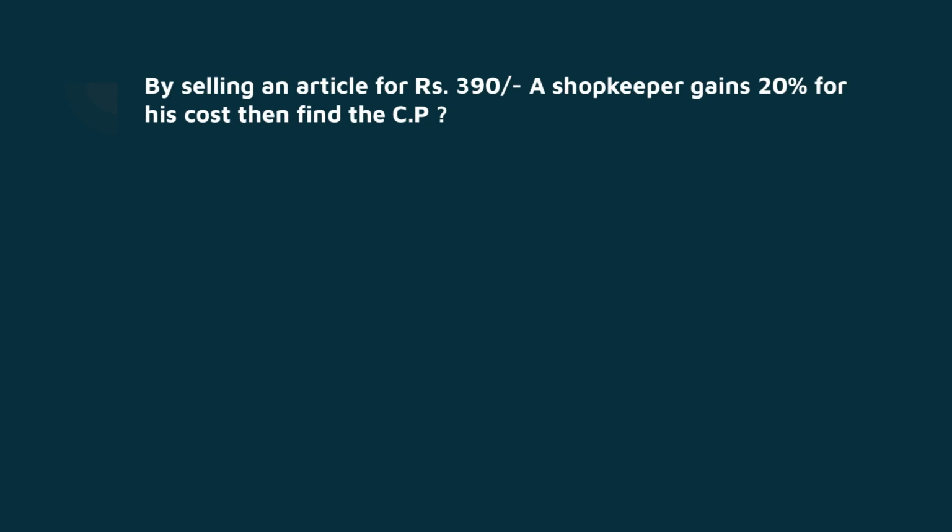By selling an article for 390 rupees, so this is the selling price of an article, a shopkeeper gains 20% on his cost. So therefore gain percentage is 20%. Now we have to find the cost price.